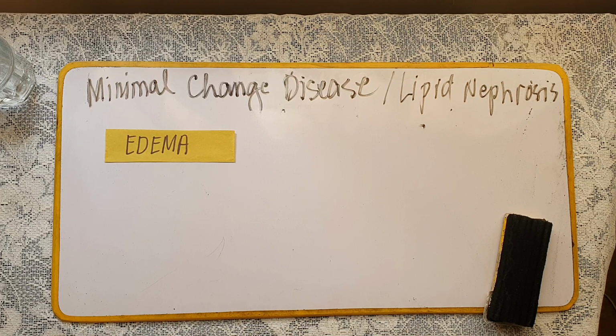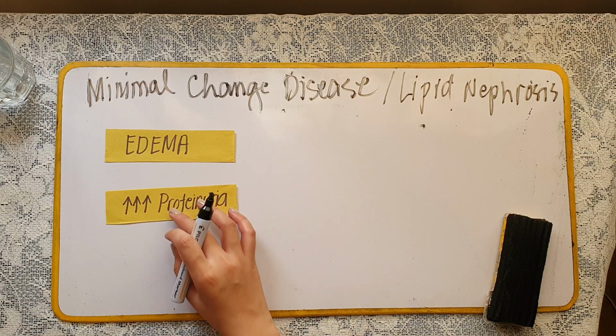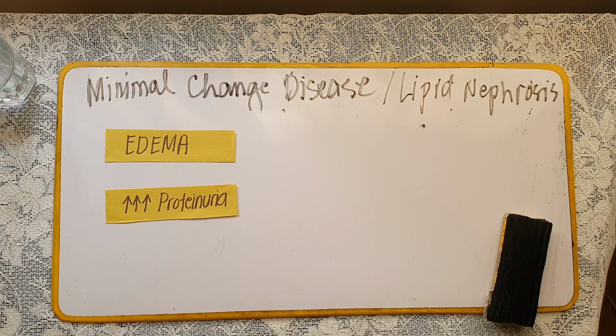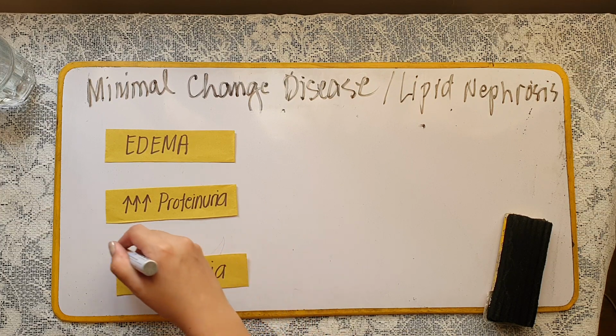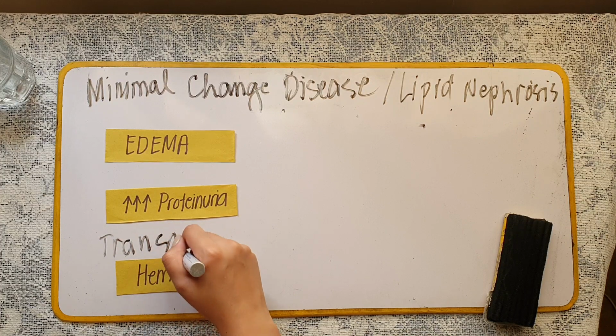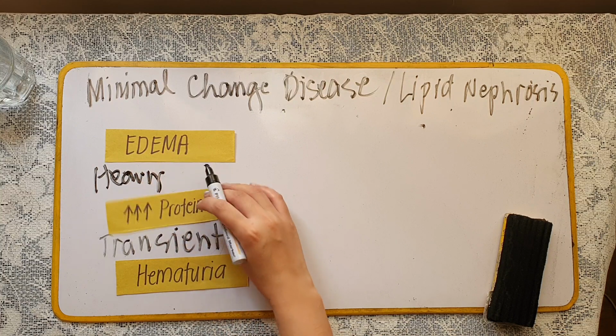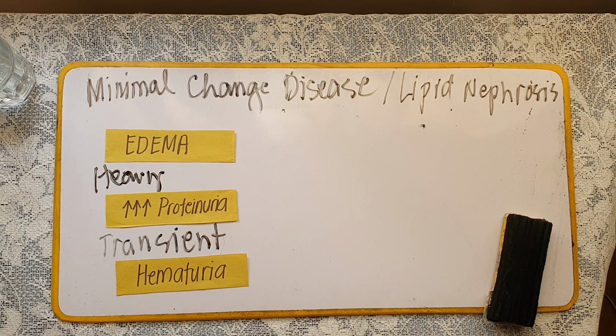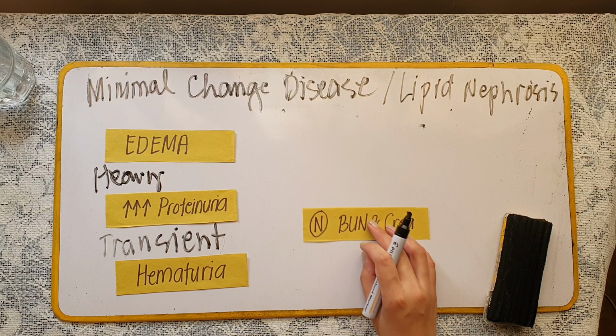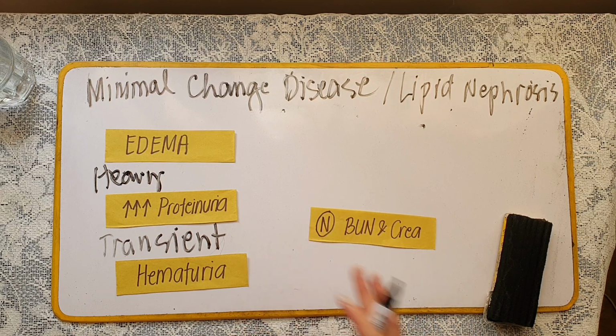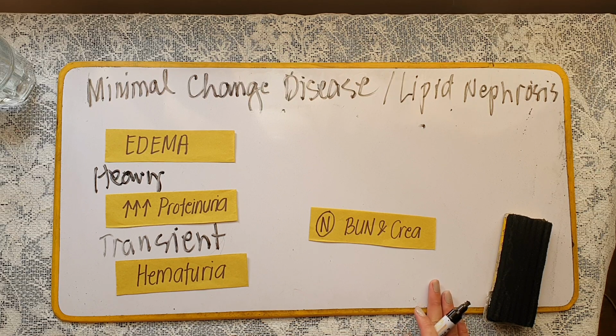Then when it comes to urinalysis findings, heavy proteinuria is a classic finding of minimal change disease, together with transient hematuria, and normal BUN and creatinine. These are the laboratory findings consistent with minimal change disease.